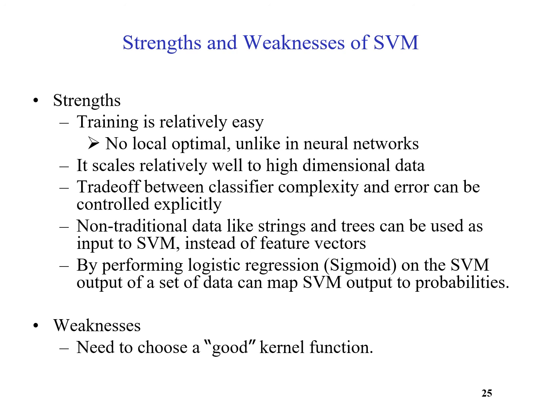And you can process non-traditional data like strings, trees, graphs, or images. I explained this in kernel function. That's a big advantage of SVM. Many other machine learning algorithms assume the input is given as a flat file. In deep learning, as you remember, the input nodes are just flat data.